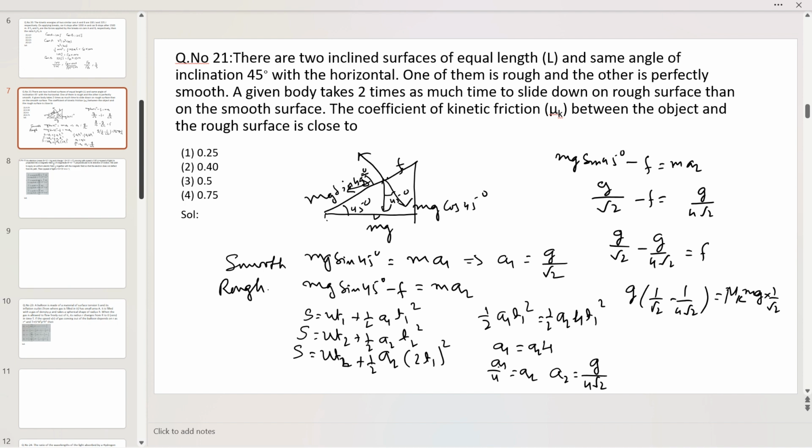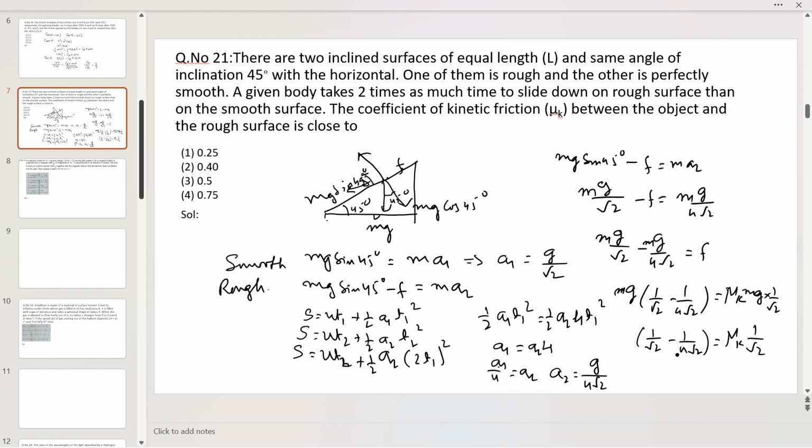The m and g cancel out, so 1 by root 2 minus 1 by 4 root 2 is equal to mu k times 1 by root 2.